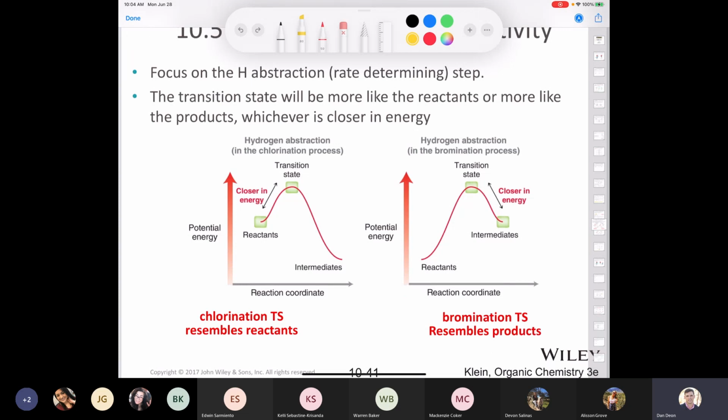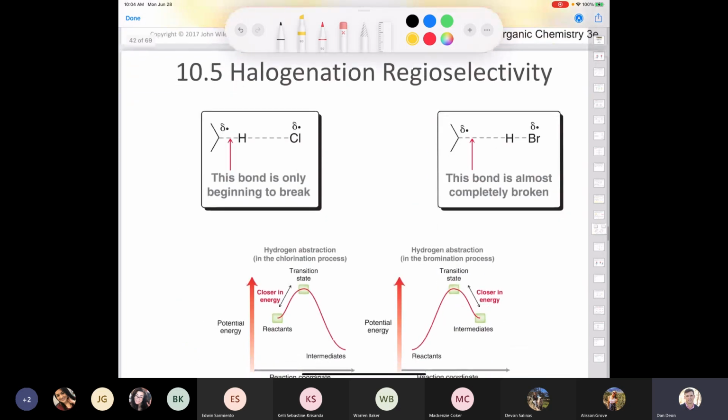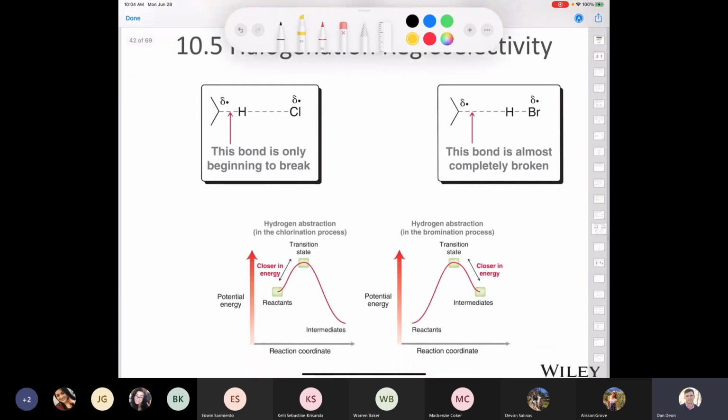So the chlorination transition state more closely resembles the reactants, whereas the bromination transition state more closely resembles the, it shouldn't say the products, it should actually say the intermediates, the radical. So what does that mean? That means that at the transition state of chlorination, the bond between the carbon and the hydrogen has only just begun to break.